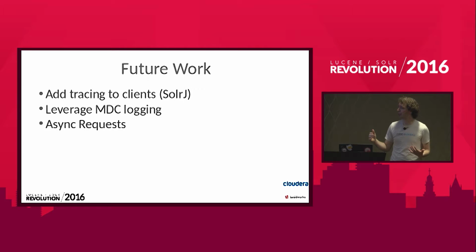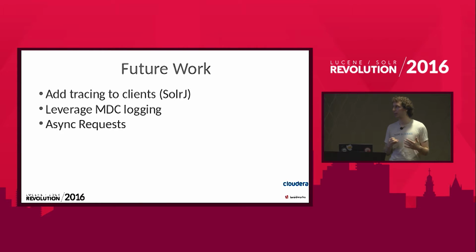Other future considerations are, oh, I'm missing a bullet, okay. We'd want to get tracing into SolrJ, into the clients, because currently it's only in Solr Core. It's only on the handlers, only on the operations that Solr is doing. There's also a lot of overlap with the MDC logging that we might be able to leverage.